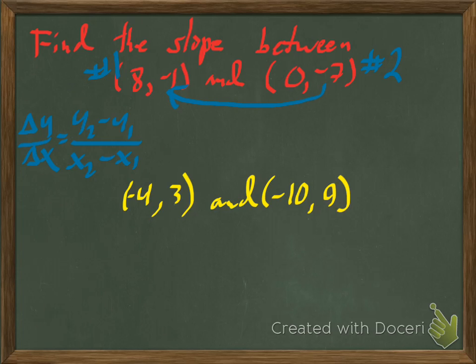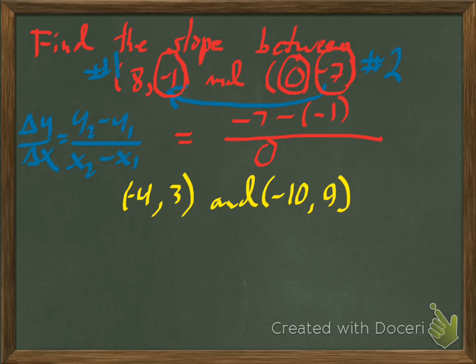So let's take this formula, and we'll do this one in red, okay? And let's subtract. So this is going to be -7 is the y2, because it's the y value of the second point. Everybody with me? Okay. Minus the y value of the first point, which is -1. Now be careful. What do you always do when you put -1 into a formula? You always put parentheses around it, anytime you have a negative number. We're going to divide that. Let's do the same thing with the x's. So it'll be 0.